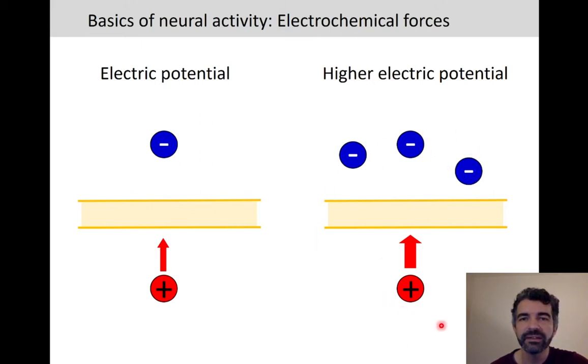Here on the right-hand side you can see a higher electric potential compared to the left side, because there are three negatively charged ions on one side and one positively charged ion on the other side. So this means that the difference in the charges is more pronounced, which means that the positive ion is attracted more strongly towards the other side than here.